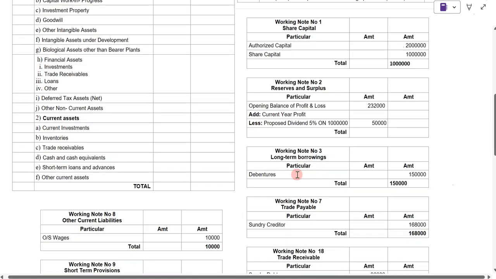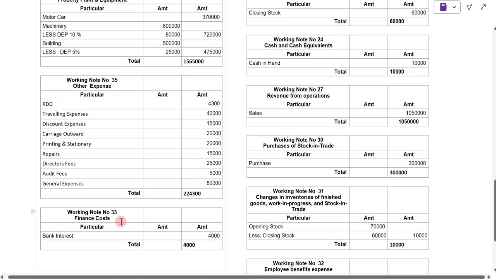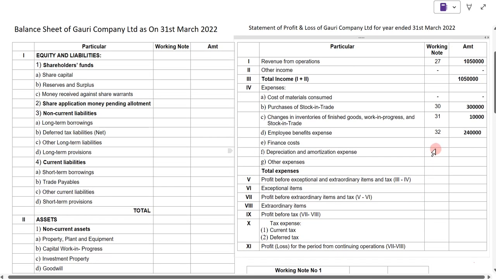Next, fixed cost, note number 33, and the total is 4,000.